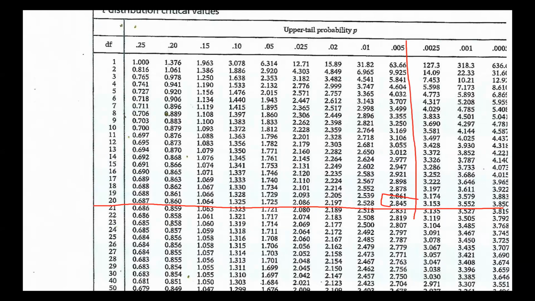2.845. So x bar is 17, and we're creating the range, so it's 17 plus or minus 2.845 multiplied by 2.182, the standard error we found in the last step. Then you create the confidence interval. Very easy.